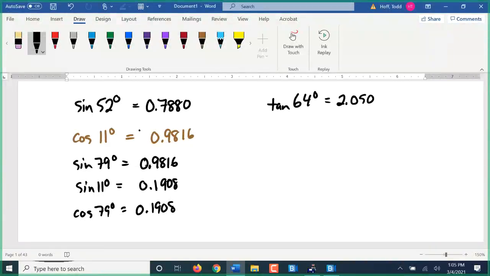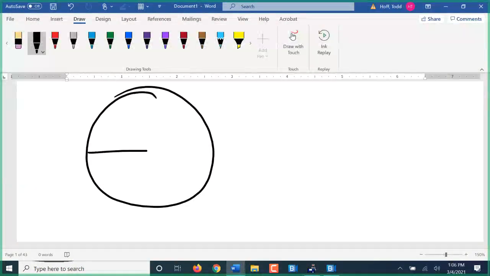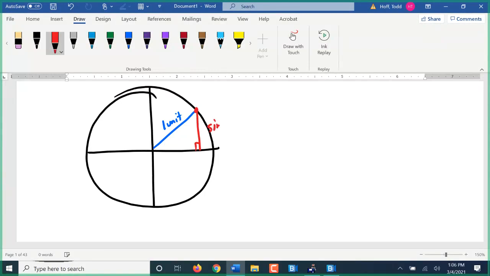Before I move on to secant, cosecant, and cotangent, I want to briefly look at the unit circle and talk about our values of sine and cosine here, and tangent. So here's our radius. That radius is 1 unit. The sine goes from that point on the circle down to the horizontal reference axis. That's the sine.